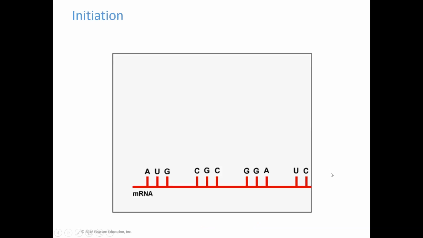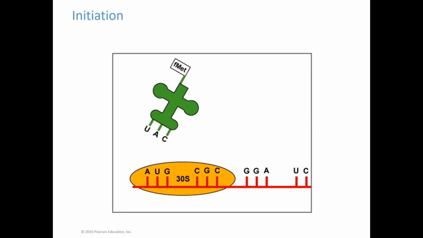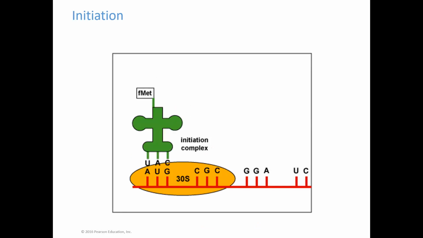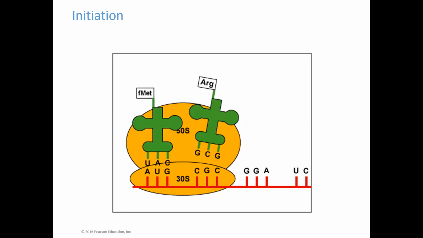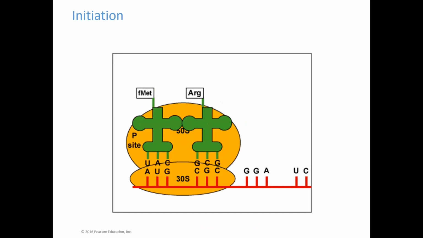So here we have messenger RNA, and there's the complement right there for methionine. Methionine has the anticodon, and it is the complement to the codon on the messenger RNA.